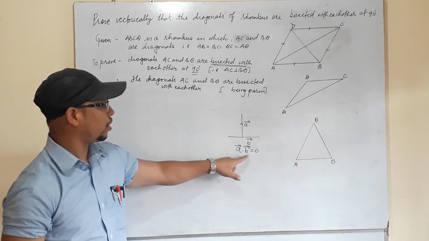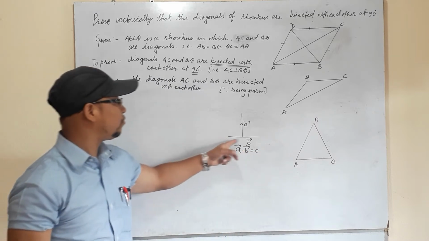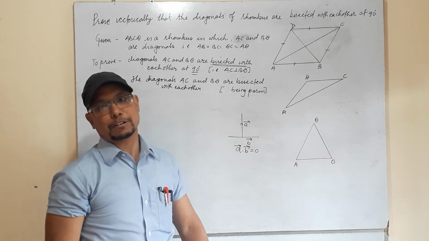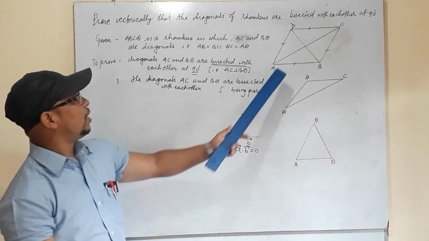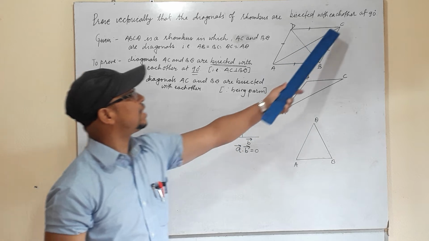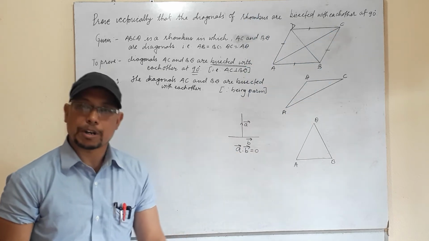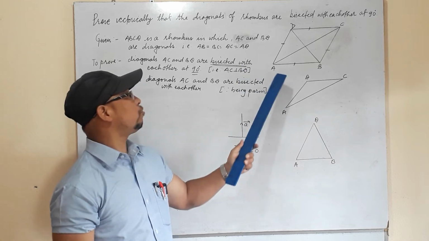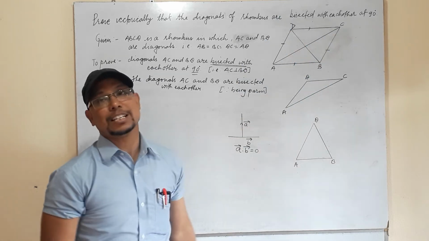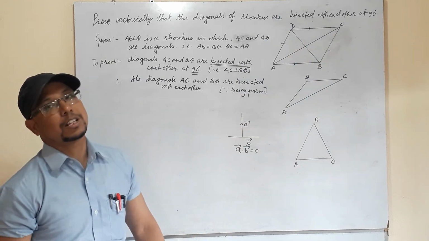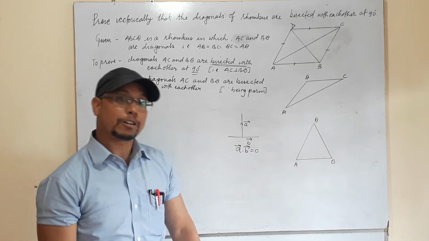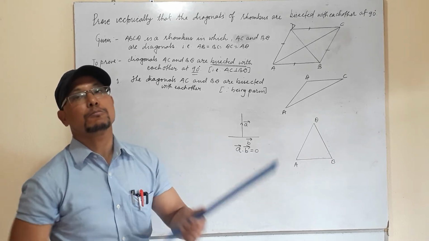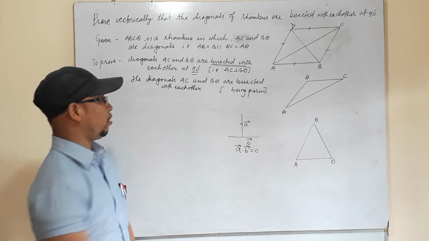If their dot product is 0, then we can say these two vectors are perpendicular. So here we need to prove AC and BD are perpendicular. For that, if you are able to show that the dot product of AC and BD is 0, then you can say they are perpendicular. So let's try to prove their dot product is 0.